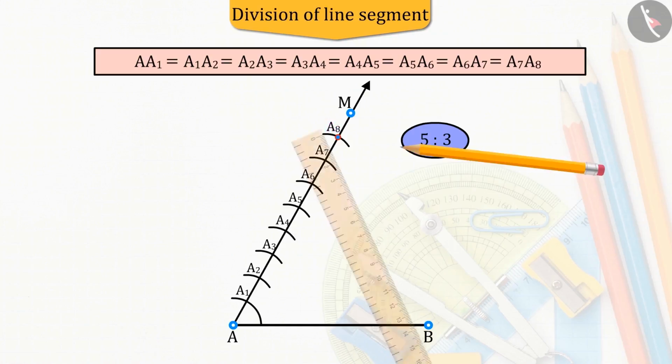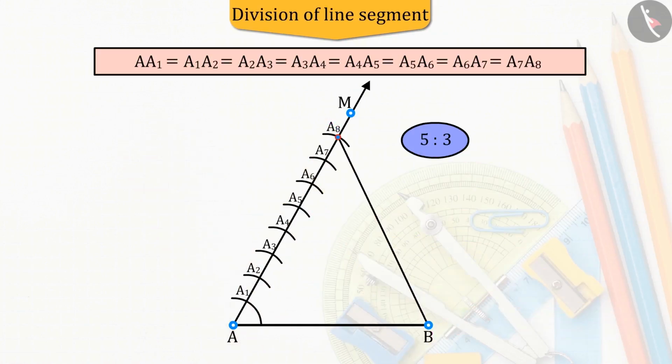Now point A8 and point B are to be connected to get line A8B.